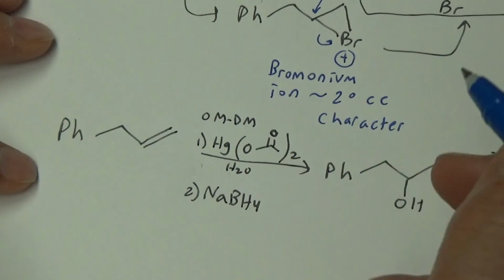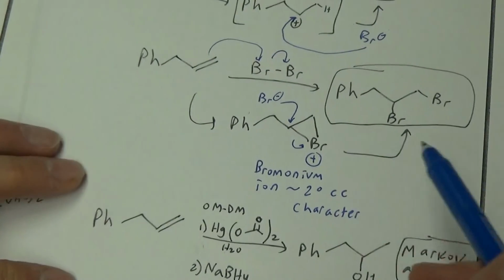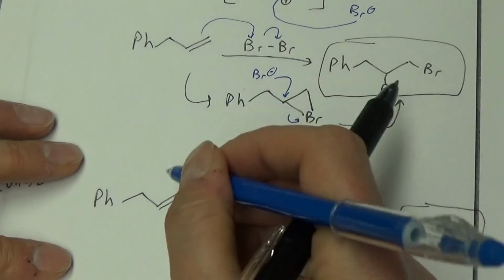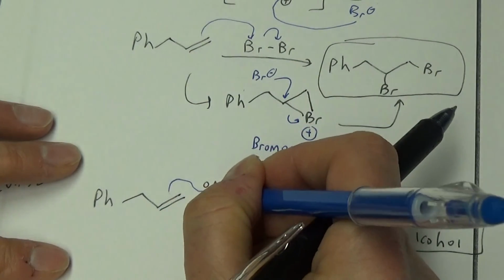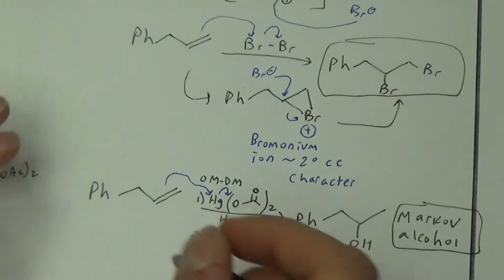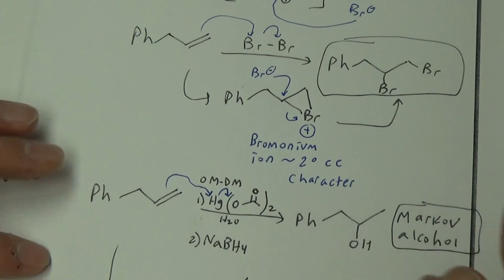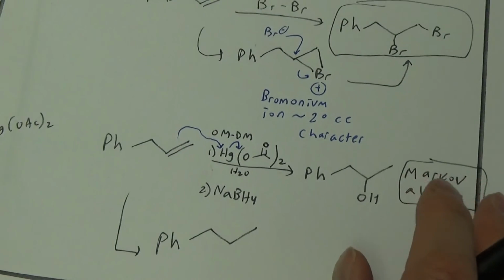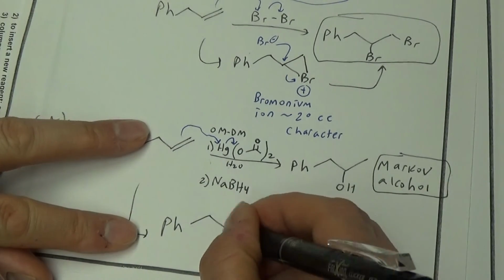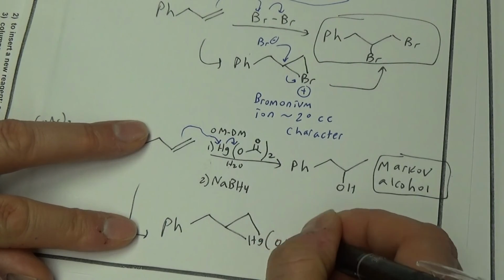So it's kind of related to the bromonium one. The alkene attacks the mercury, kicks off an acetate, and you get 3 carbons, right? But now, instead of making a bromonium, it makes something with a mercury, OAc, right?